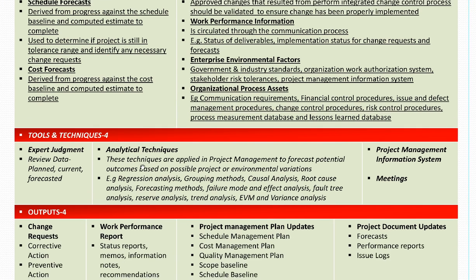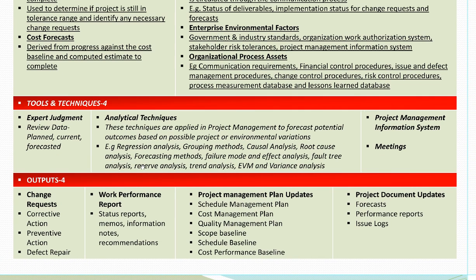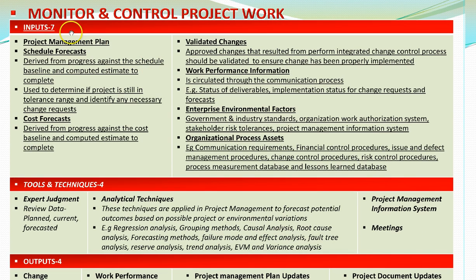The next thing we need is the tools and techniques. So we have all this paperwork, all the documents from the inputs. Now we are going to use some techniques. We are going to do some action over here to achieve the outputs of the monitor and control project work.